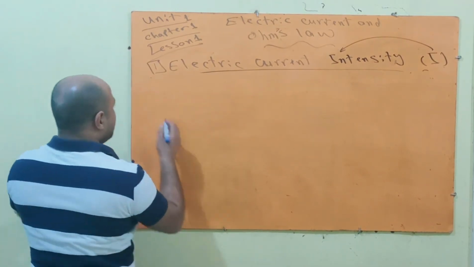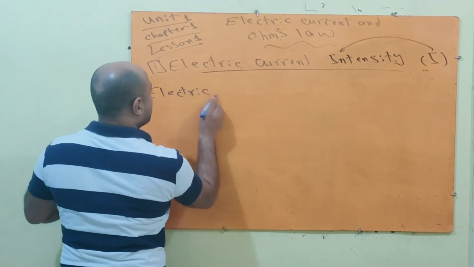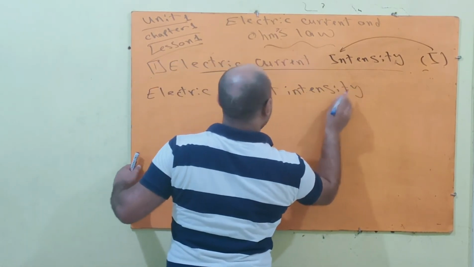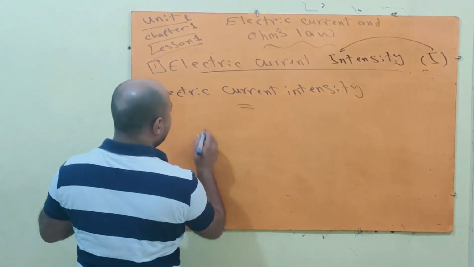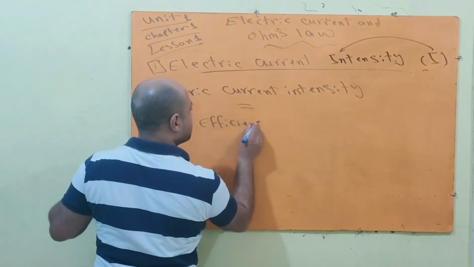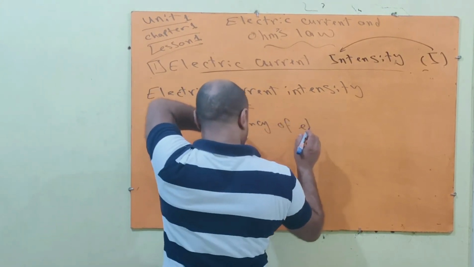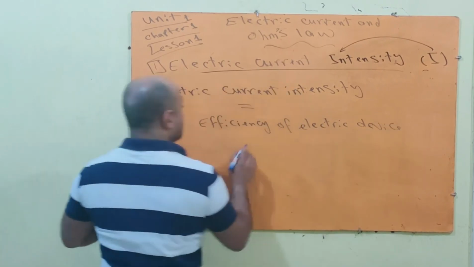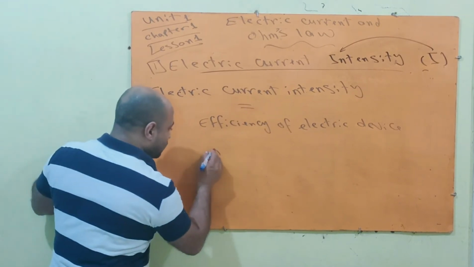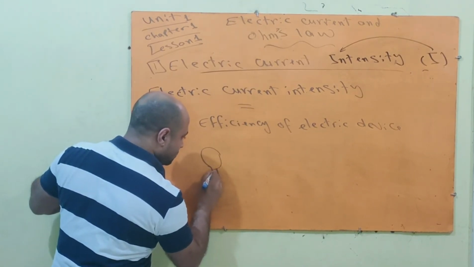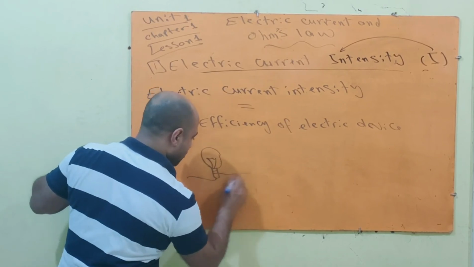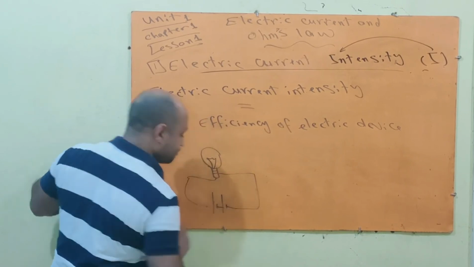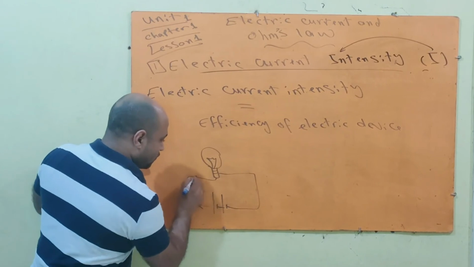Electric current intensity is related to the efficiency of the electric device. يعني ايه efficiency of electric device؟ لو انا عندي for example a lamp and a battery, conventional current.